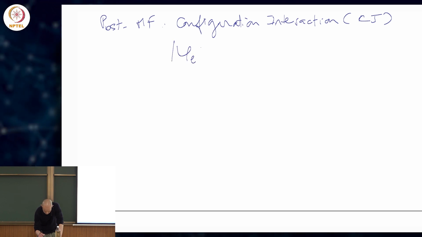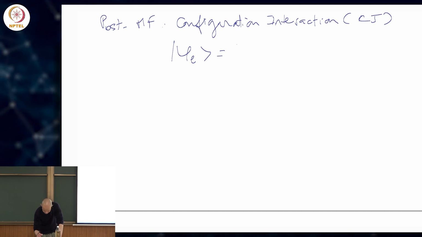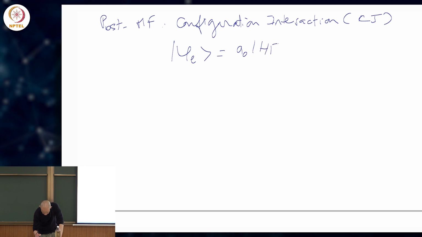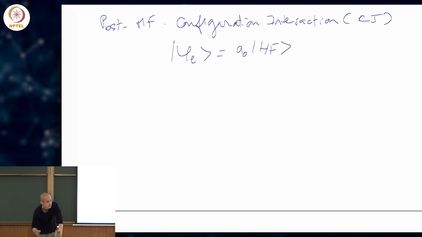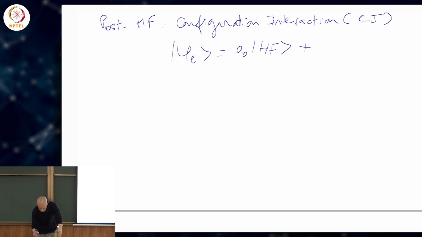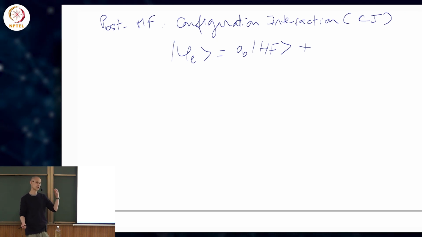Now what you do is that you write your electronic wave function as your Hartree-Fock determinant, okay? But you're going to add a bunch of other determinants to include correlation. And how you include them, you go by class. So you're going to include single excitations.